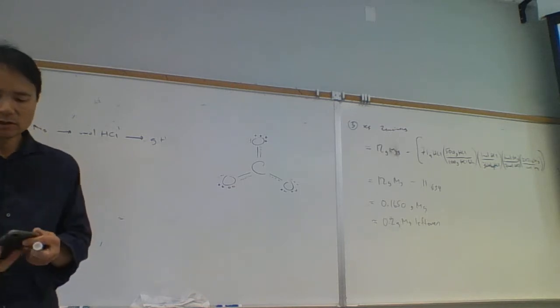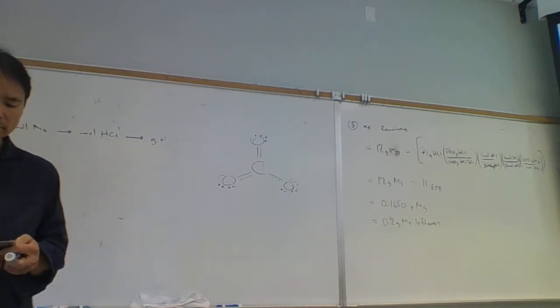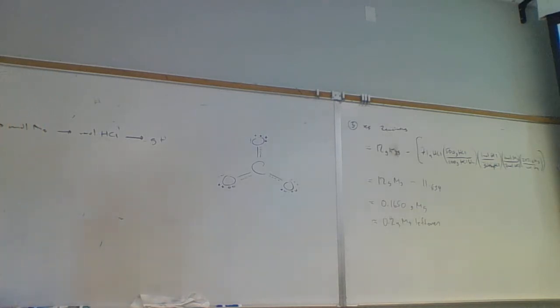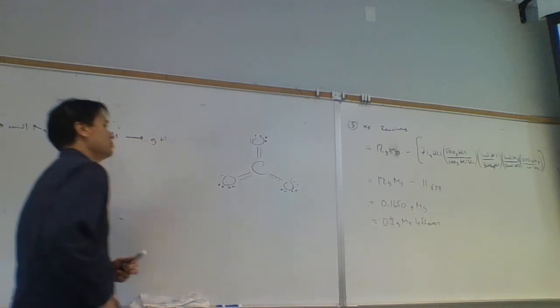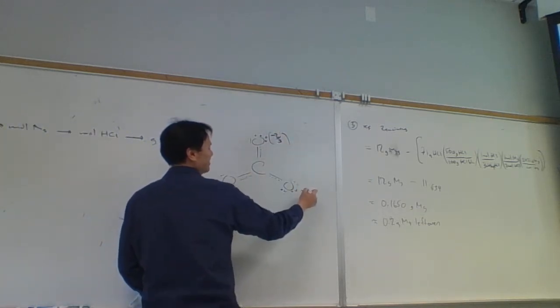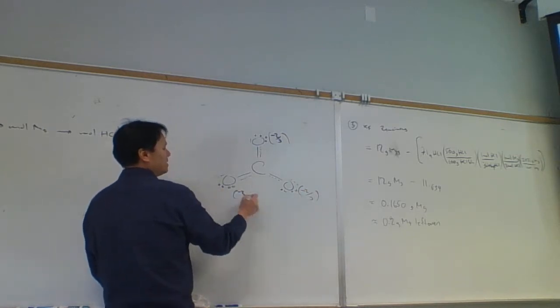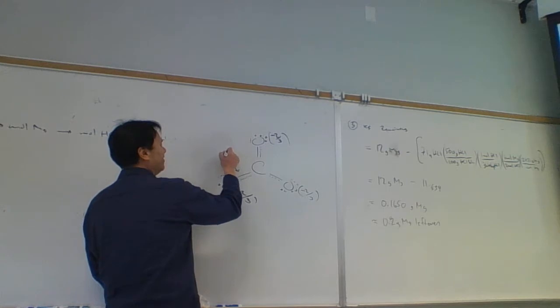basically we have a total of minus what? Minus 2 over how many atoms? Over 3 atoms. So if you have minus 2 over 3 atoms, that means minus 2/3. And these bonds here are what we call 1 and 1/3 bonds.